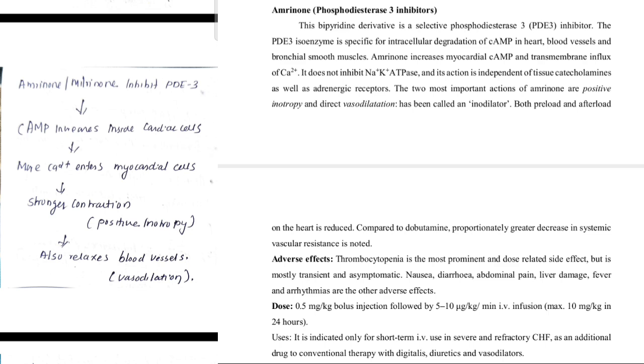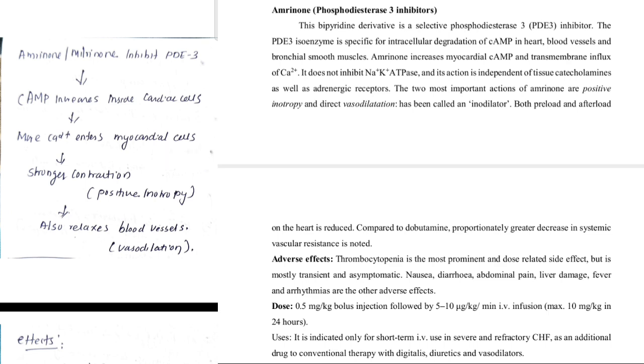These two drugs will inhibit PDE3, so thereby cAMP increases inside the cardiac cells. Once cAMP increases, we know the calcium ions entering the myocardial cells will be more. So we will get a stronger contraction, thereby we call it positive inotropic.